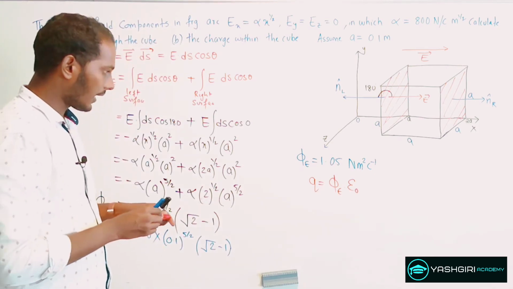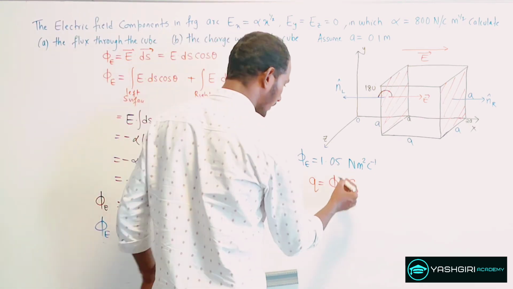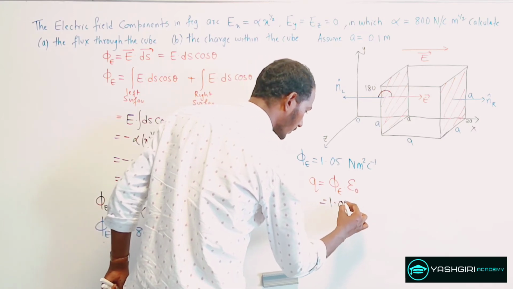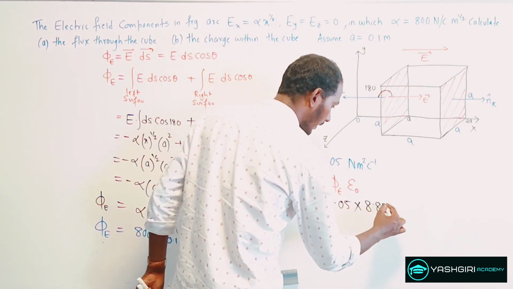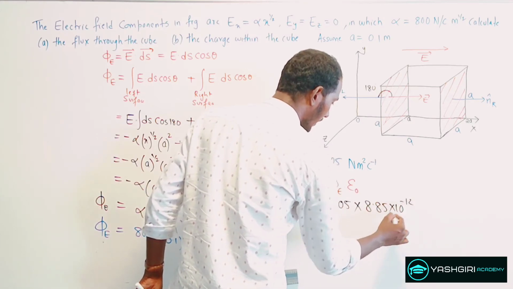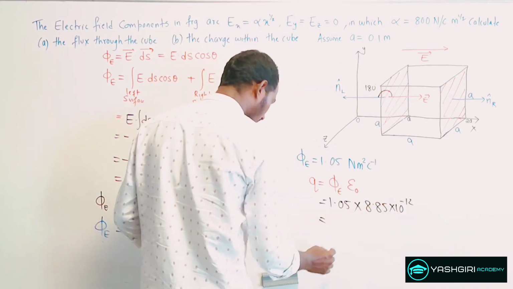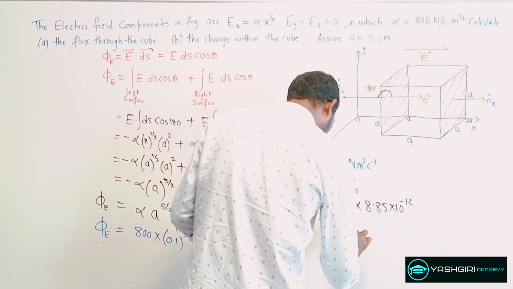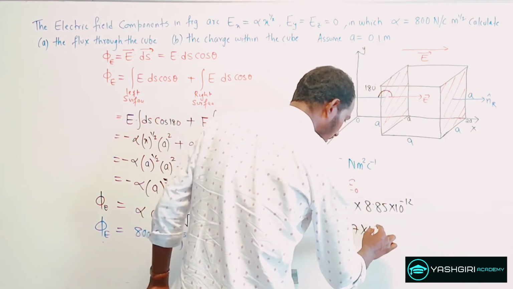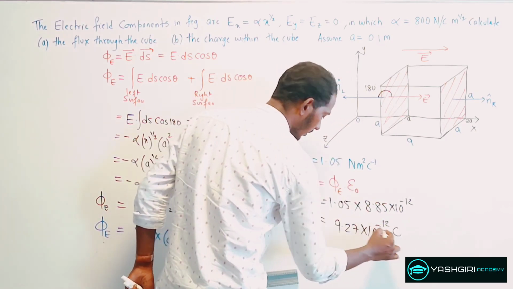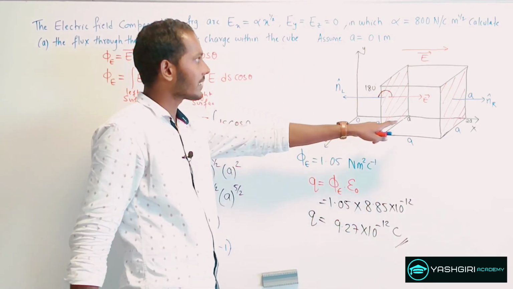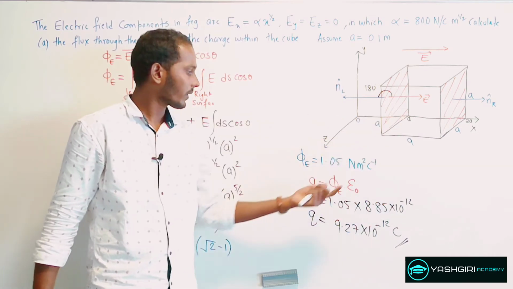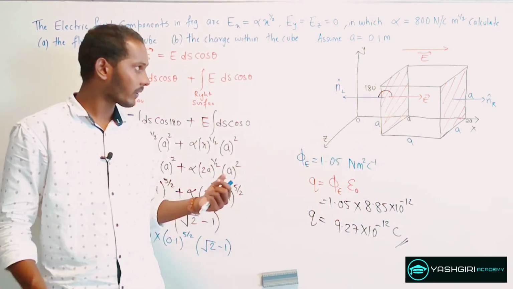And here I can just write the value of this phi of E: 1.05 into epsilon naught value is 8.85 into 10 to the power minus 12. Okay, and that will give me the answer to be 9.27 into 10 to the power minus 12 coulomb. So that's the value of the charge, okay, which is available inside this cube. So that's the answers for the question.